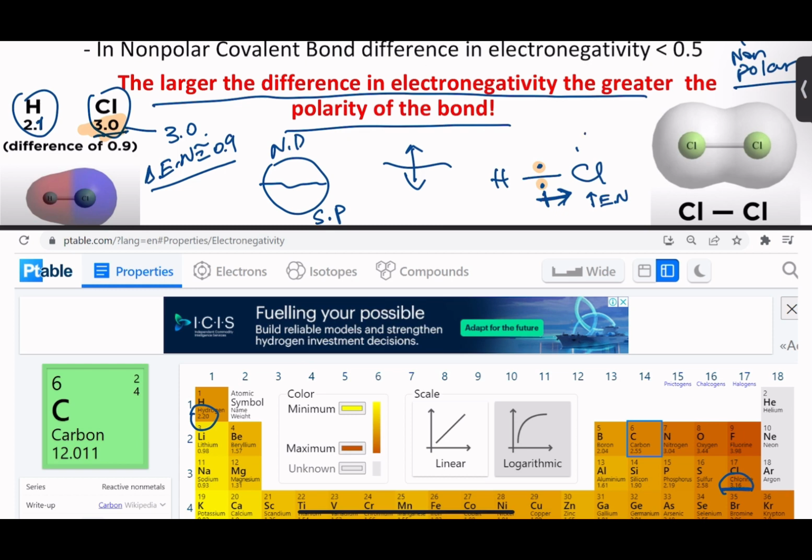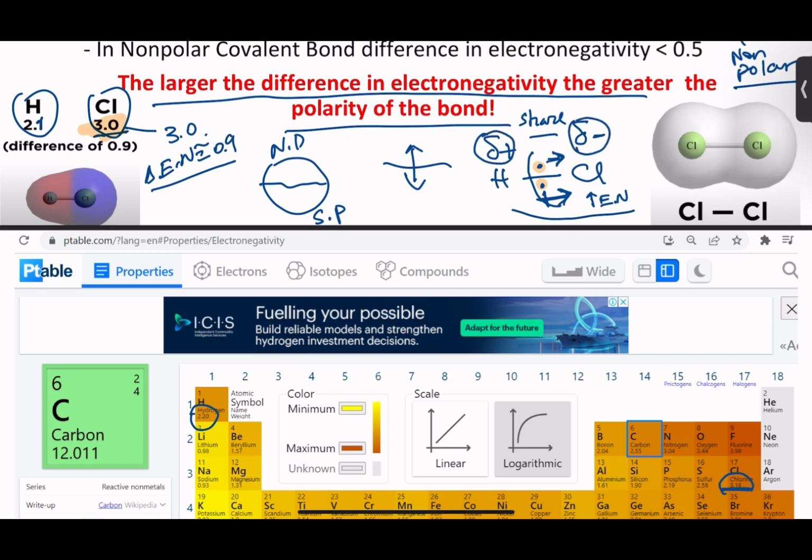So that's how we make this guy a partial negative charge, and then this guy becomes partially positive, because chlorine attracts those electrons closer to himself. He doesn't take it all. They share electrons, but chlorine just drags them closer to himself. That's how we make the polarity.